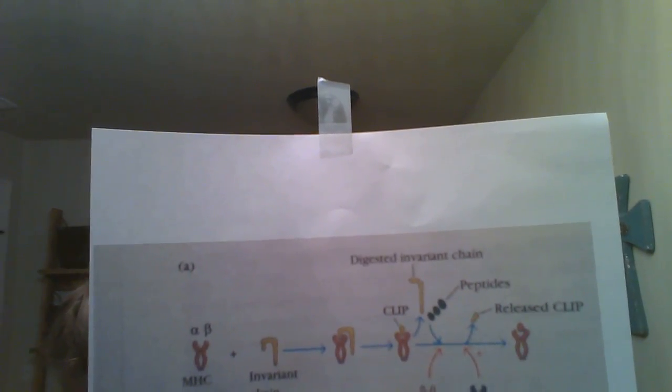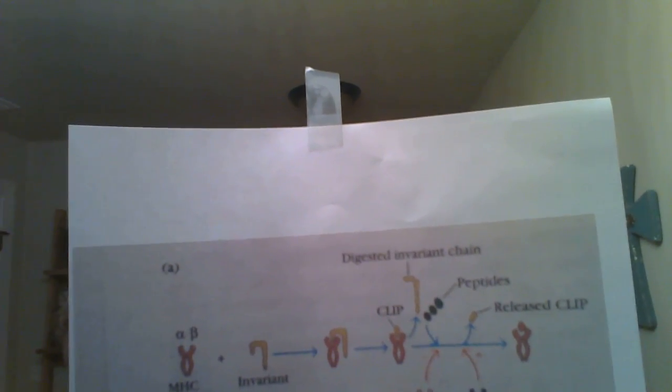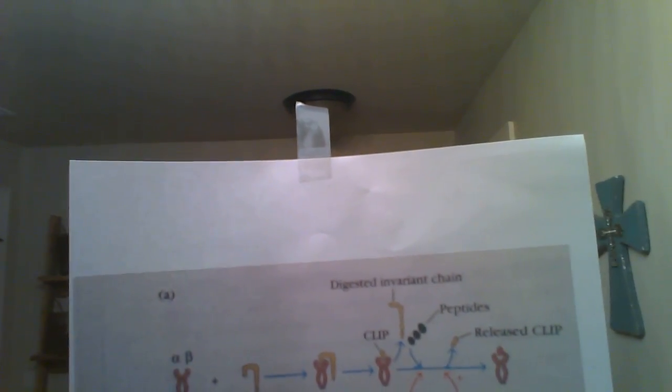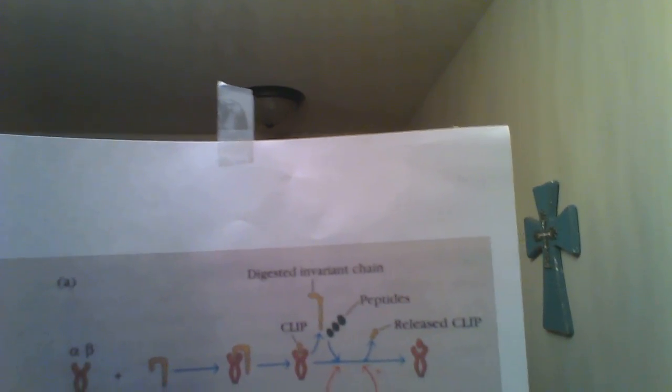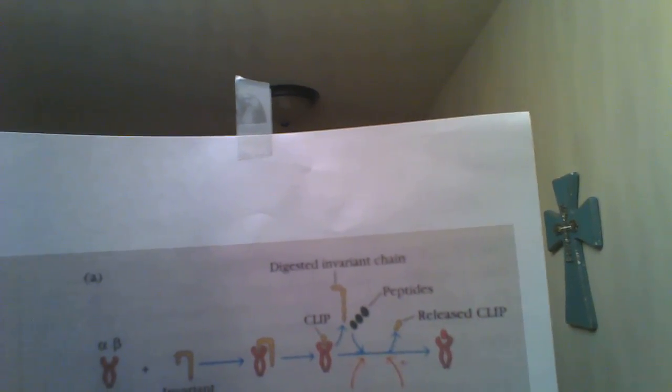And that invariant chain is going to help transport it to the endocytic compartments. And eventually that invariant chain will be degraded, as you can see, digested invariant chain. But what's going to be left behind is the clip. And that clip was physically occupying that peptide binding groove, preventing any premature binding of antigen-derived peptides. And here's the HLA-DM that I was talking about, mediating the exchange of this clip for the antigenic peptide.